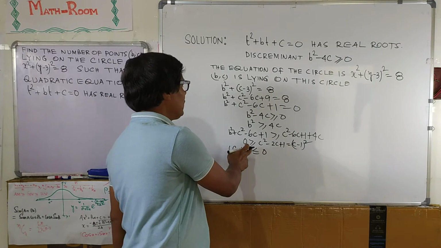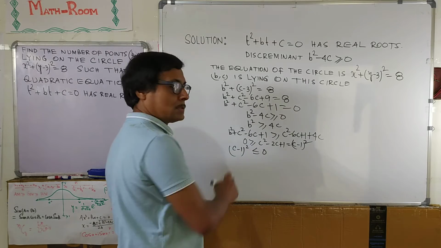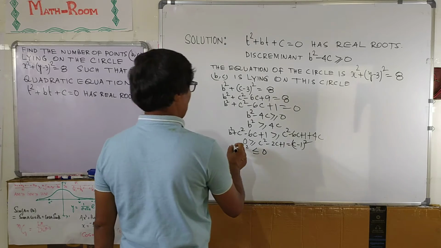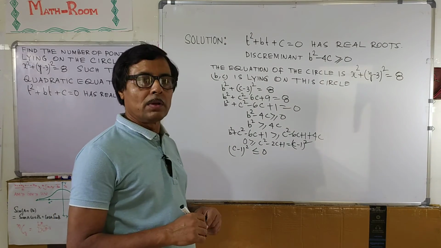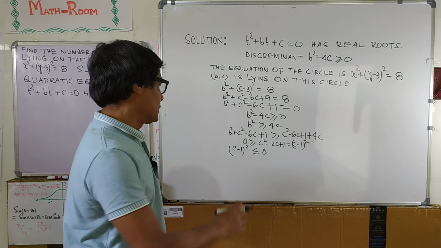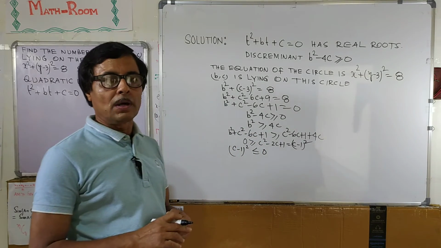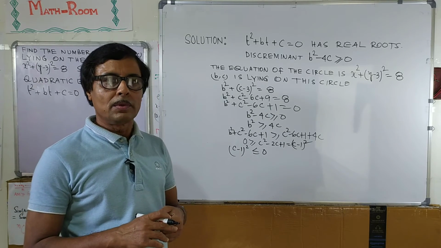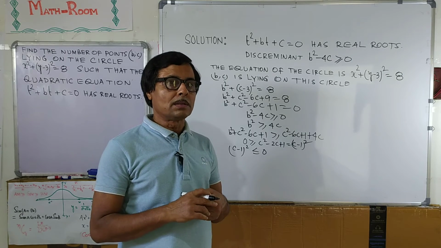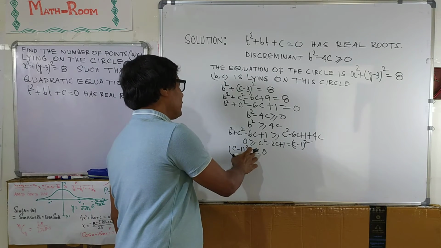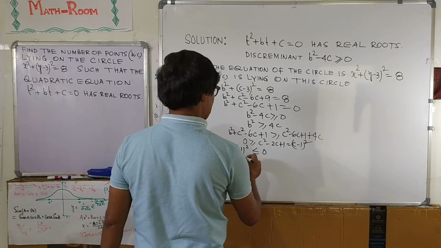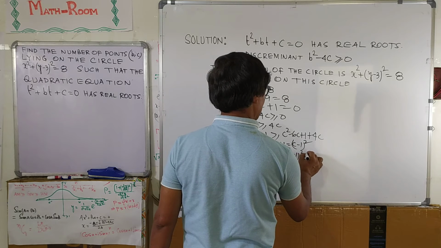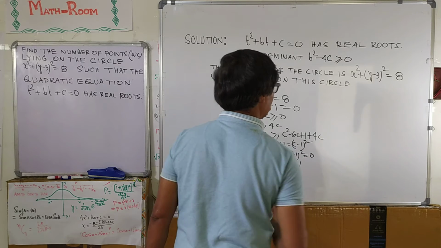So only equality holds: (c minus 1) whole squared equals 0, but not less than 0. This implies c equals 1.